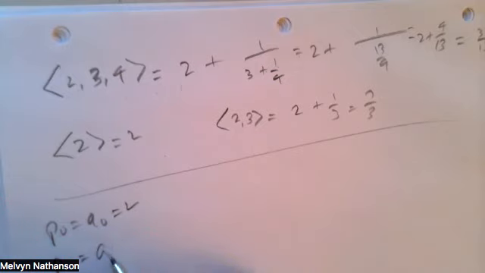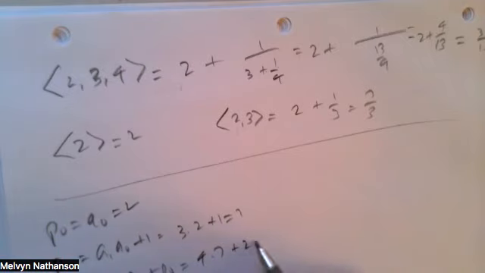P1 is A1 A0 plus 1, where A1 is 3, A0 is 2, plus 1 is 7. And P2, by our rule, is A2 P1 plus P0. A2 is 4, P1 is 7, plus 2, that's equal to 30. So these are the numbers P0, P1, P2.